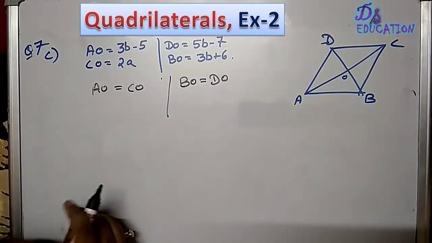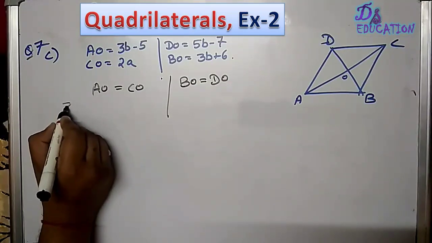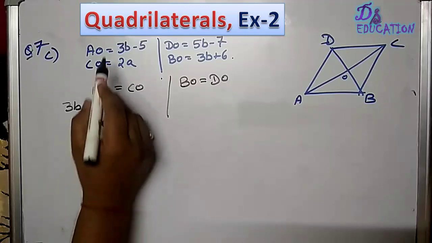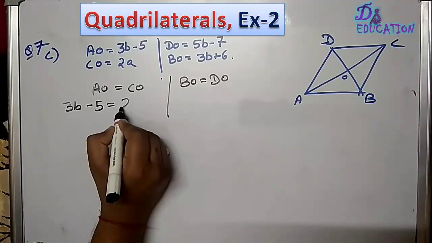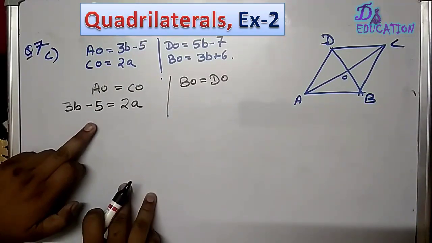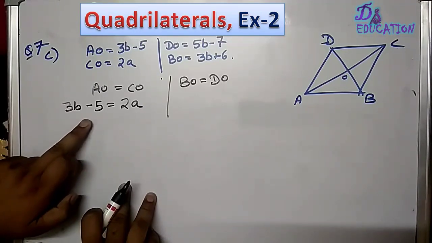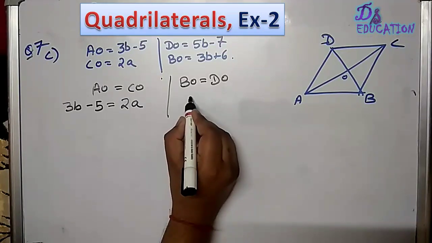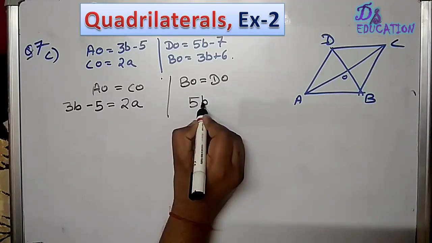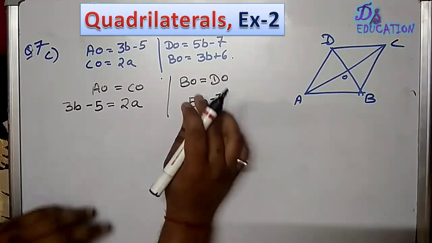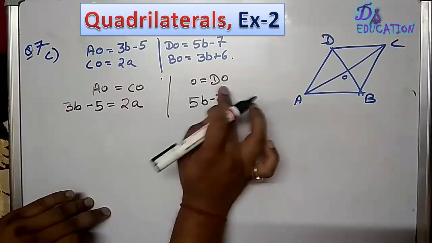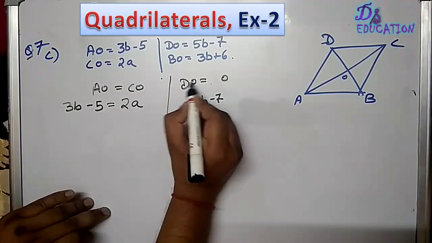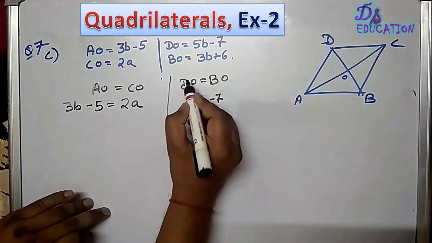So according to this property, we will write AO, that is 3b minus 5, is equal to 2a. Okay, one expression is given over here, 3b minus 5 is equal to 2a, and over here it is given 5b minus 7. Okay, I am changing the position so that you should not be confused. I am taking the bigger value over here, that is DO is equal to BO. We have interchanged it.